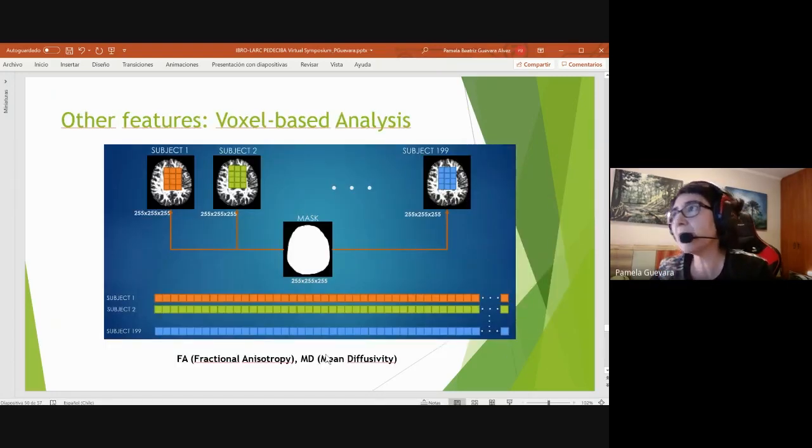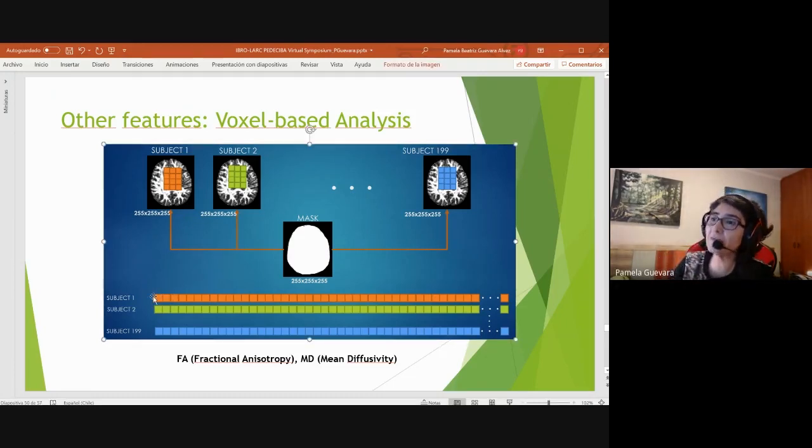And just the last few slides: in a classifier, you can also add other information. For example, here we can apply voxel-based analysis, but on the fractional anisotropy. What you do is take all the voxels of a subject as a feature vector, for all the subjects.